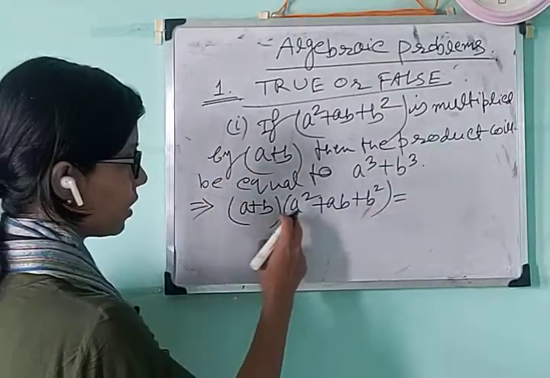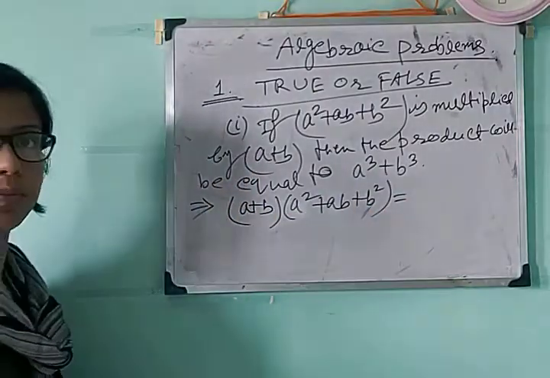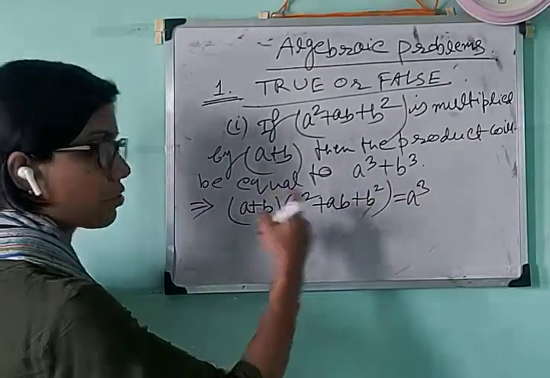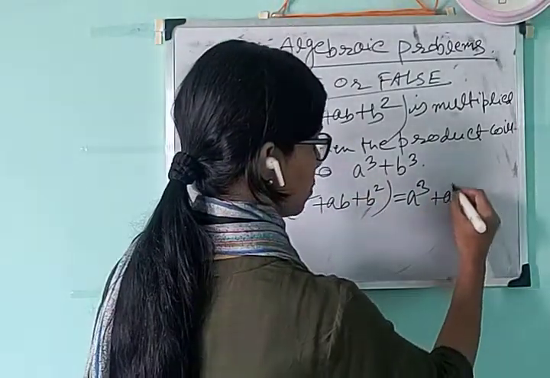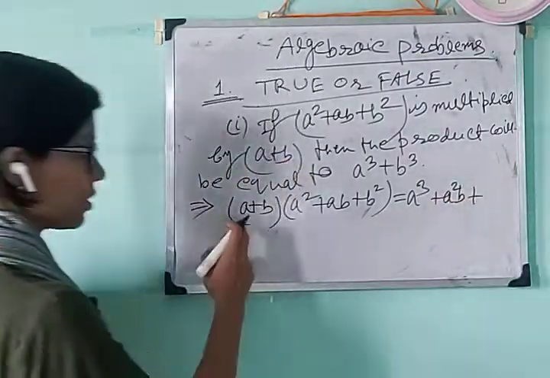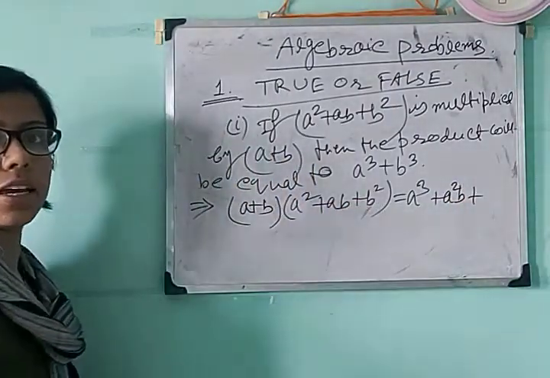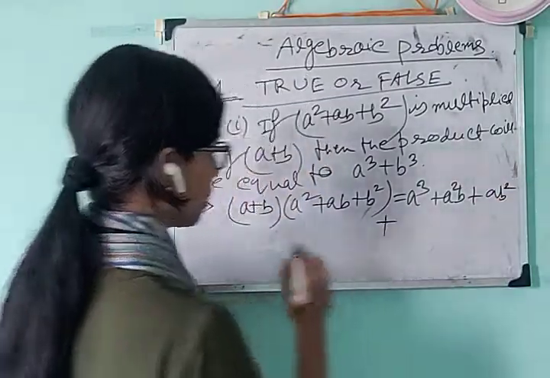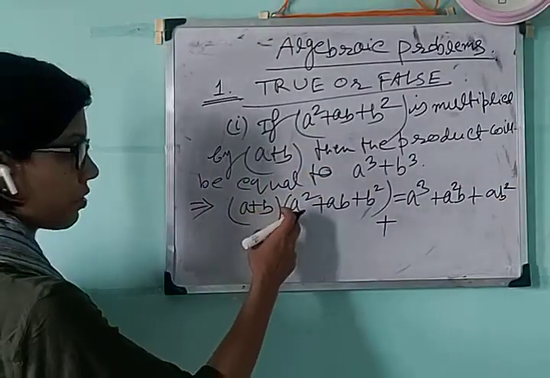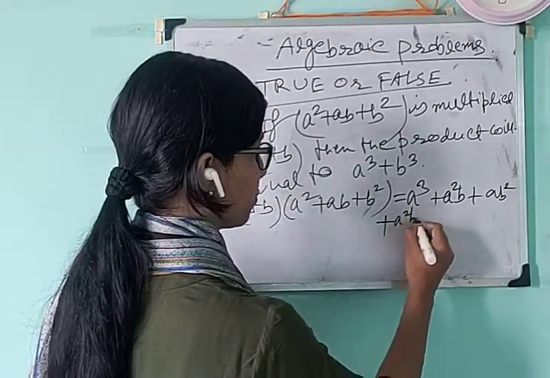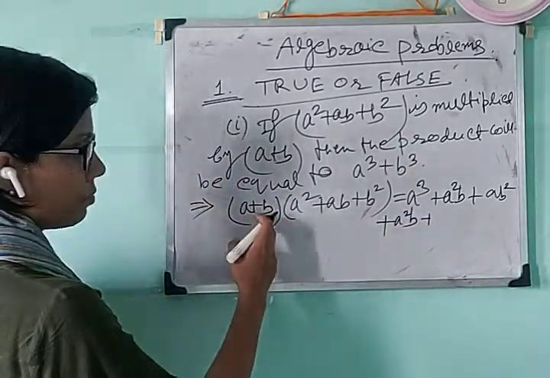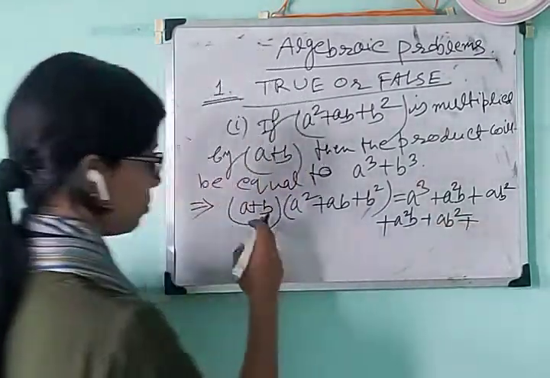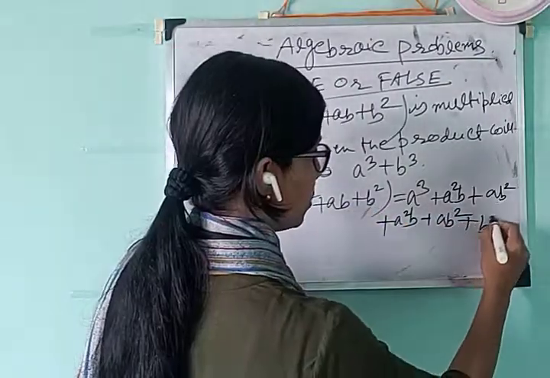It is a and a square, a cube; a and ab, a square b; plus a and b square, that is ab square; plus b and a square, a square b; plus b and ab, ab square; and b and b square, that is b cube.